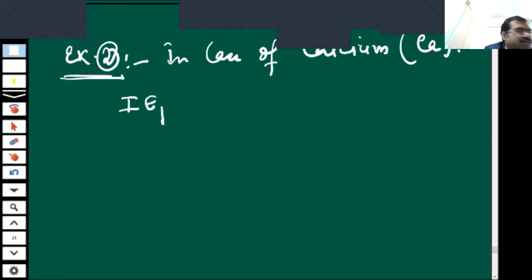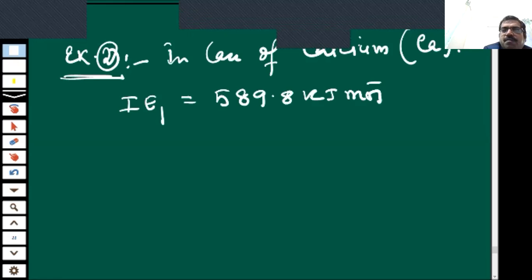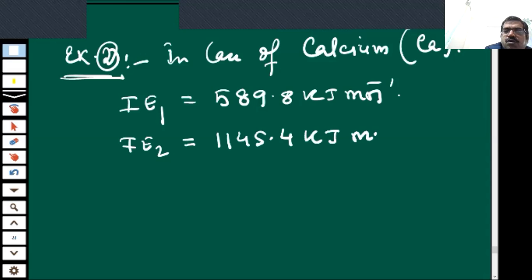IE1 equal to 589.8 kilojoule per mole, and IE2 equal to 1145.4 kilojoule per mole.